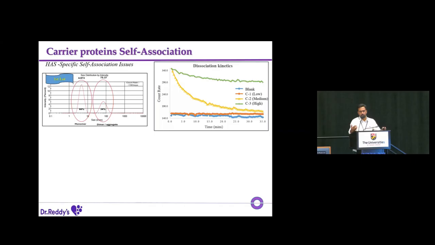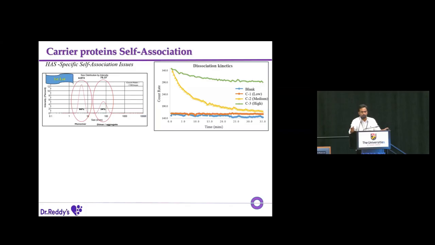However, when we increase the concentration a little more, we can see some kinetics happening. It takes some time and then gets dissolved. And with a high concentration, C3, there is no dissociation at all, I think it has already reached saturation. So this is a textbook kind of picture where people will generally try to get a similar kind of result.